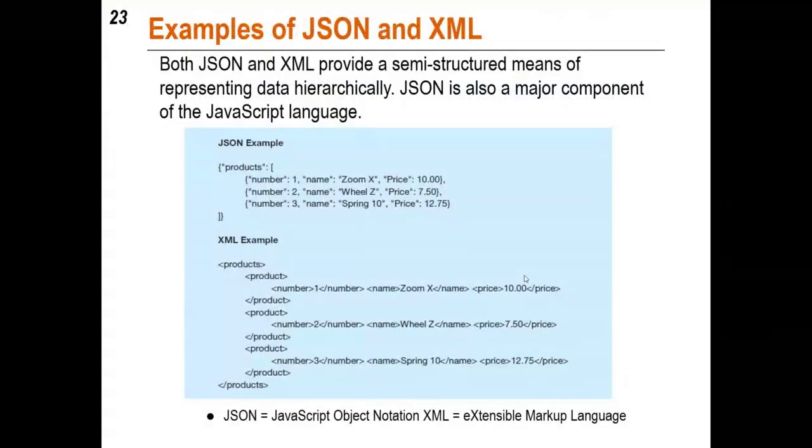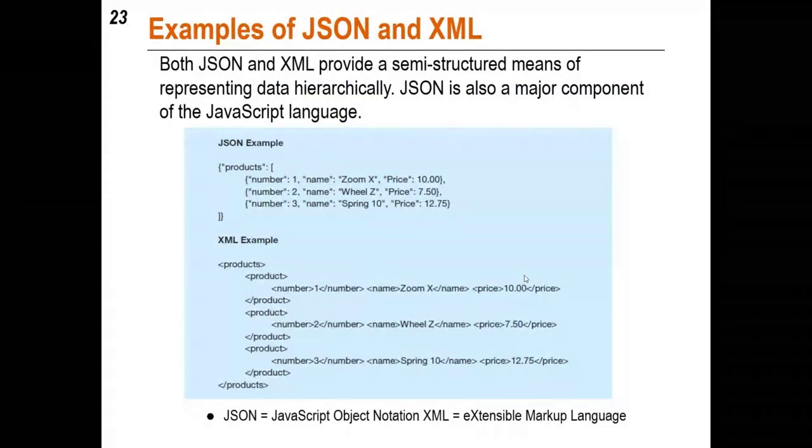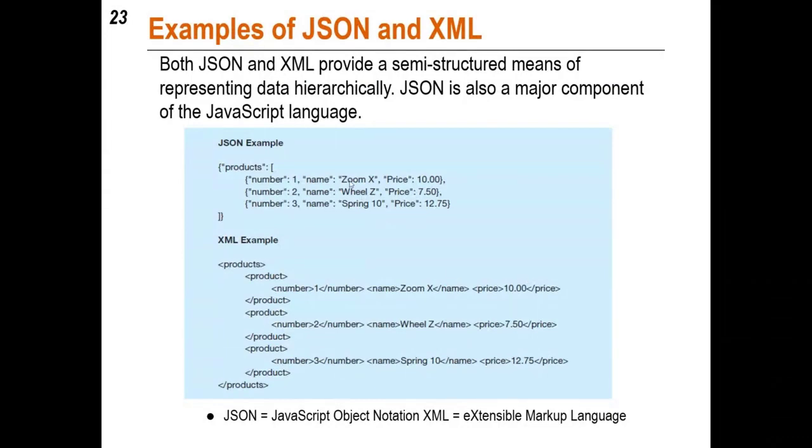In this slide I have given examples of how we structure a piece of data using JavaScript Object Notation, JSON, and XML, or extensible markup language. If you know a little bit of HTML, you may have used XML, because it is similar. This is one way to record. This is an example of how we record product-related information using XML and JSON notation.